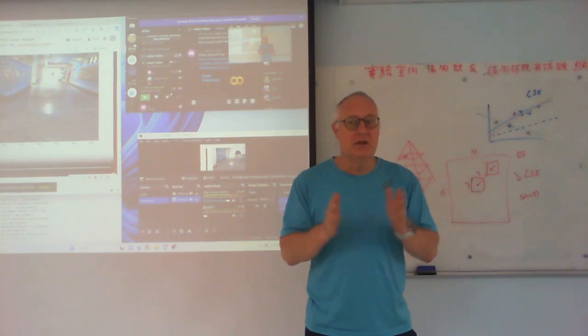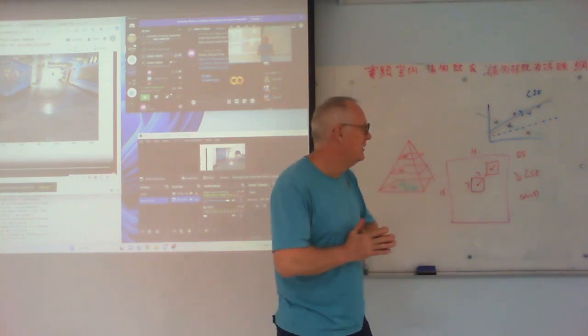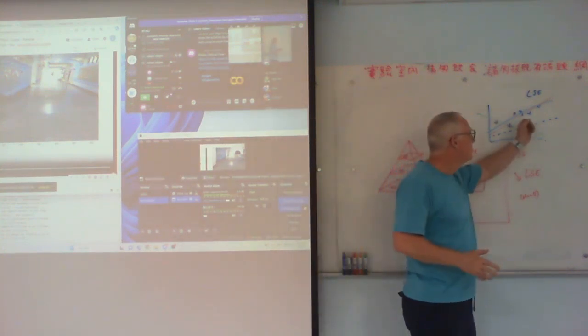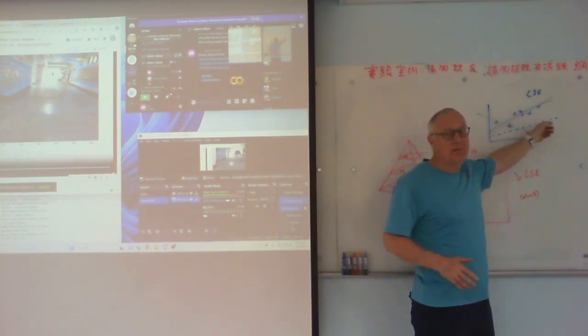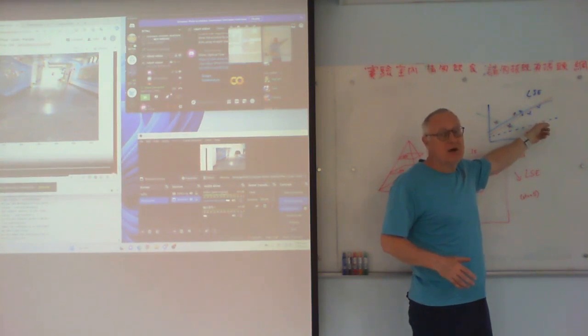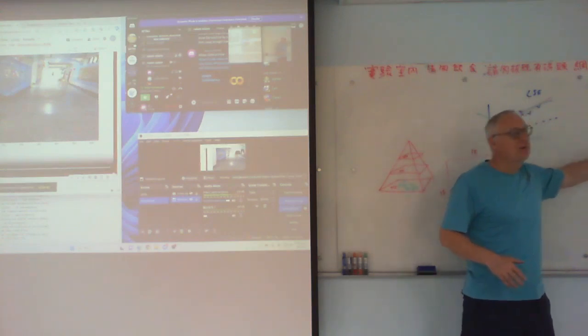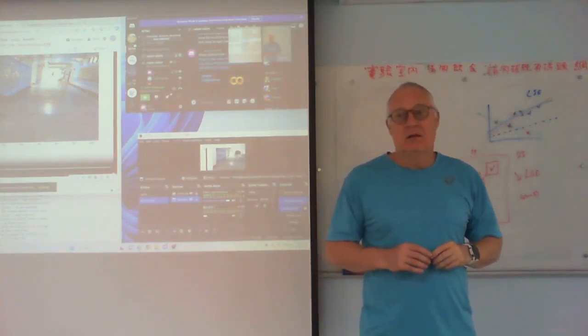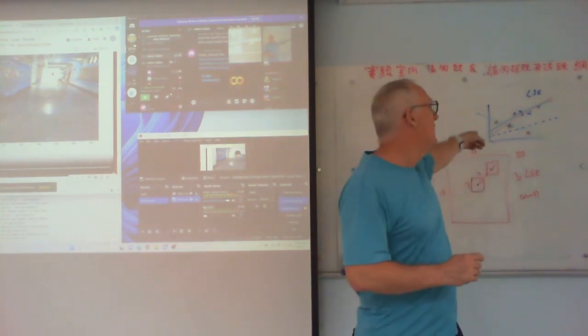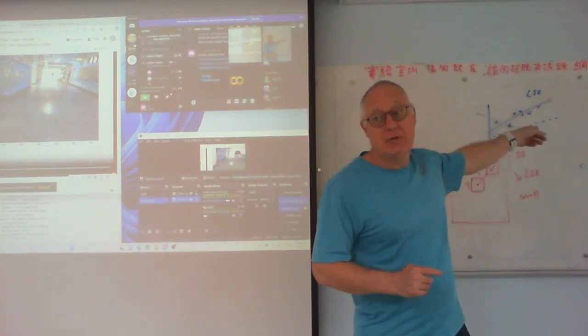The most important thing to keep in mind is that for the regression step here, we use the least squared error to measure the quality of our model. For the RANSAC algorithm, we don't use the least squared error, because if I do that, I end up with exactly the same problem.